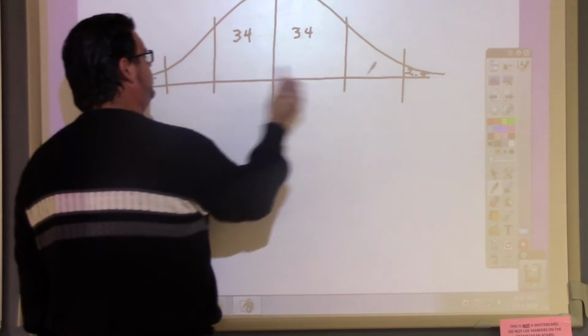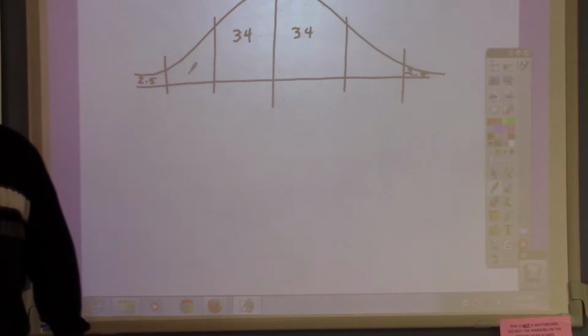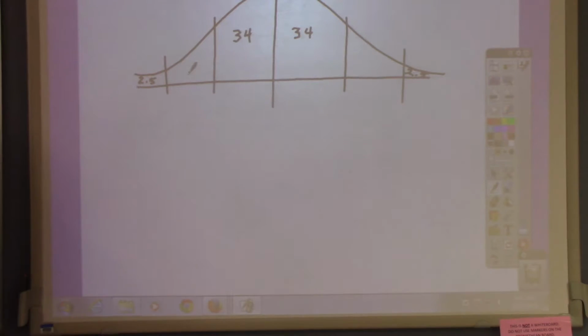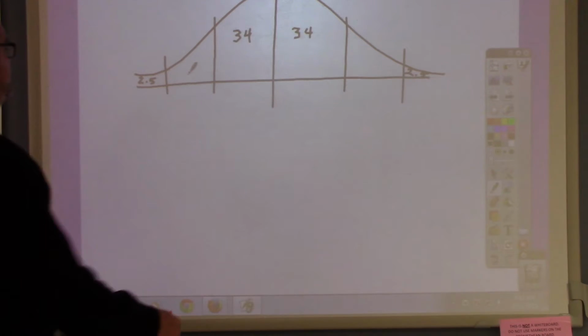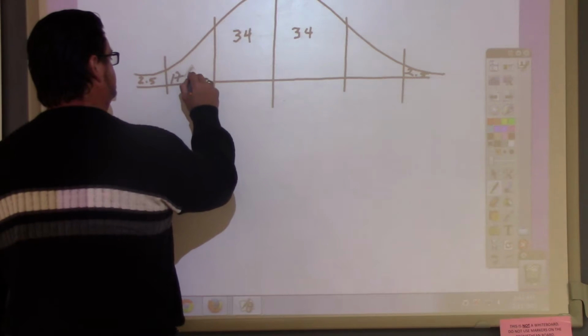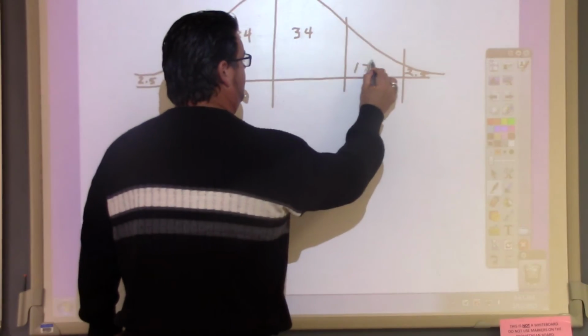What's this one right here? 103. Just round, I don't need the decimal. Turn back, Mr. Caldwell. You had it right there, right beside 34. What is it? 17.5. Good enough. Or 18, whatever you want to put.